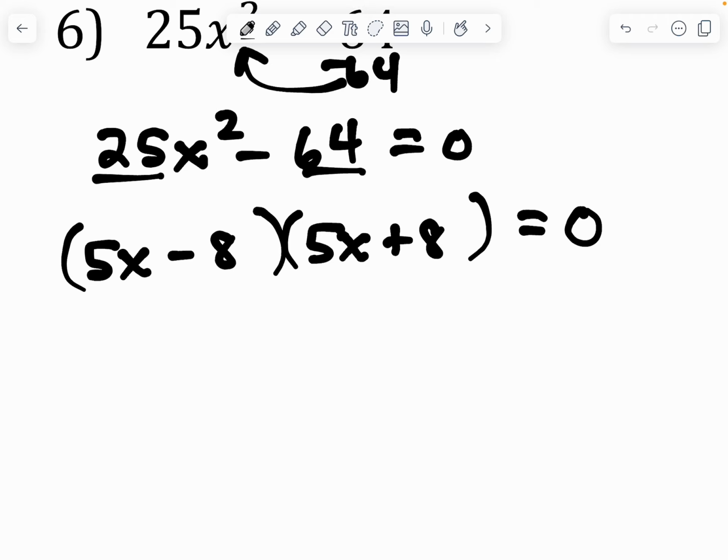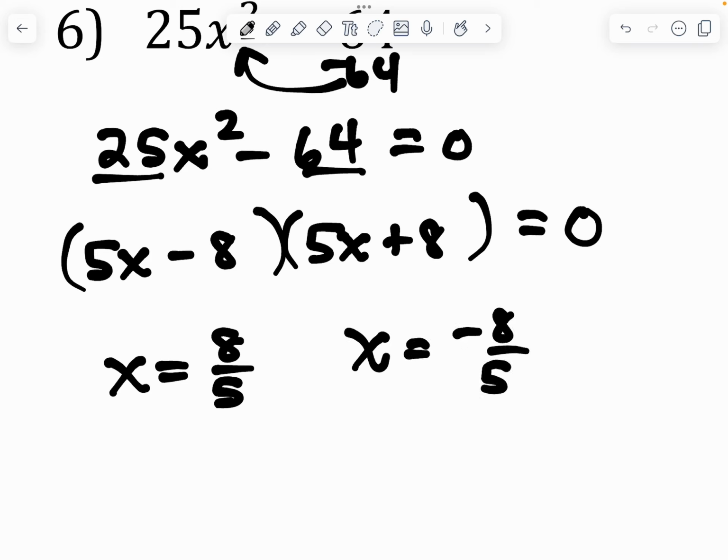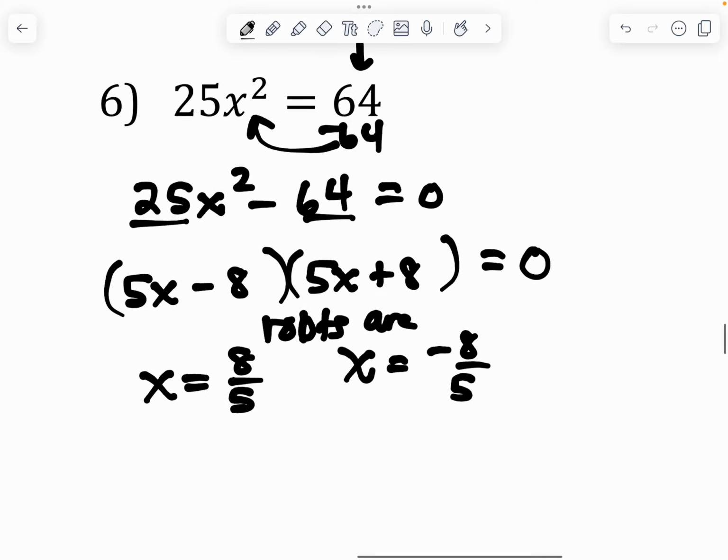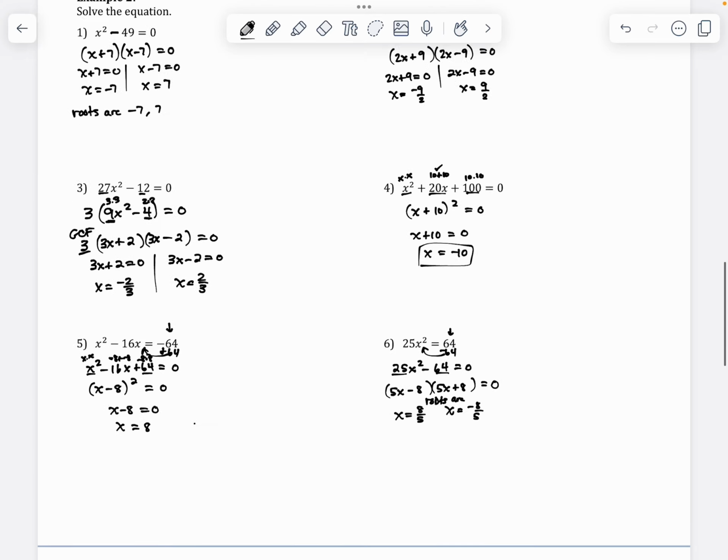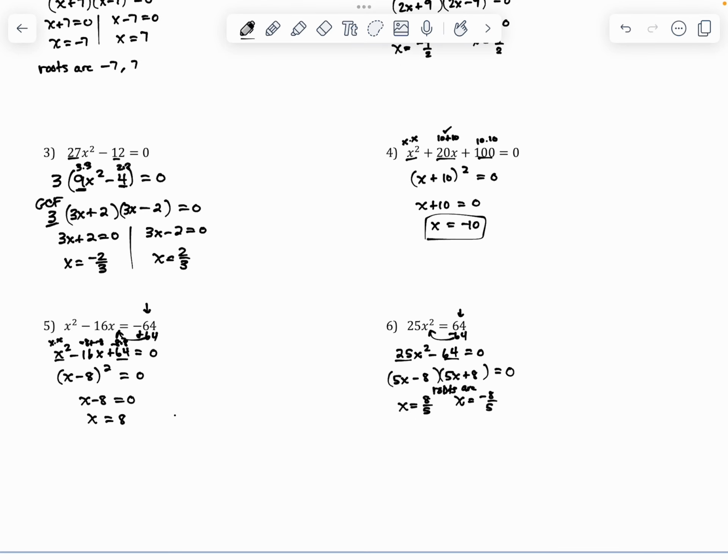So x equals 8 over 5, and x equals negative 8 over 5. So my roots are 8/5 and negative 8/5. All right, that is the lesson for today.